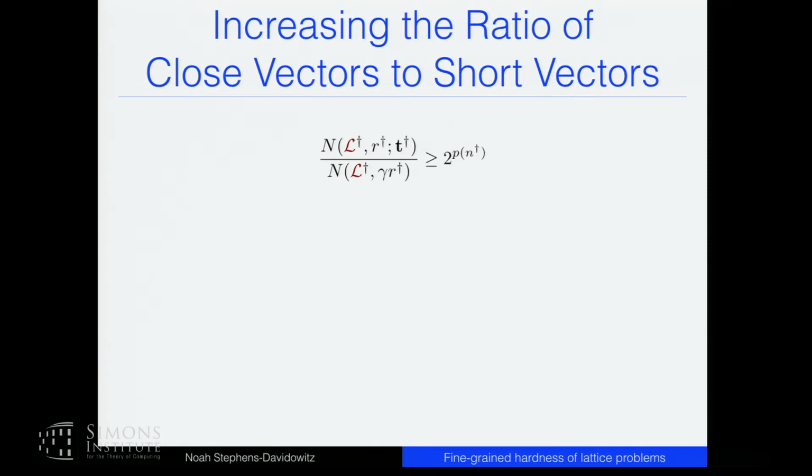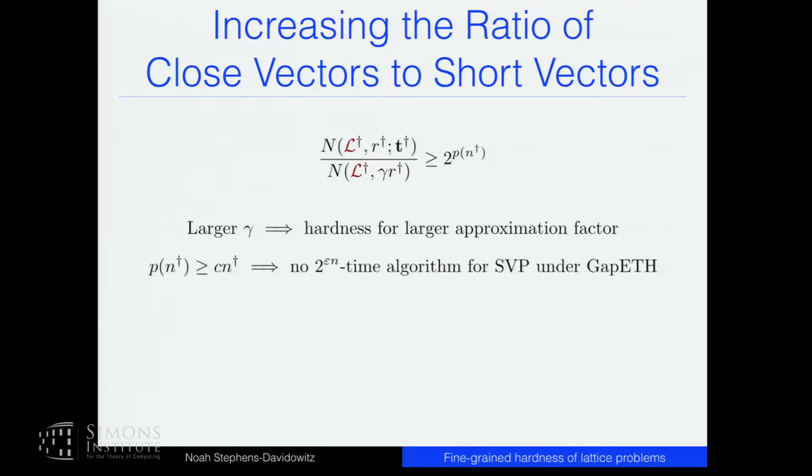So we need our definition of short to be a little more forgiving than our definition of close. There's tons of work on constructing these things. The larger gamma you get, the better hardness or approximation result you'll get, which is intuitively kind of appealing.